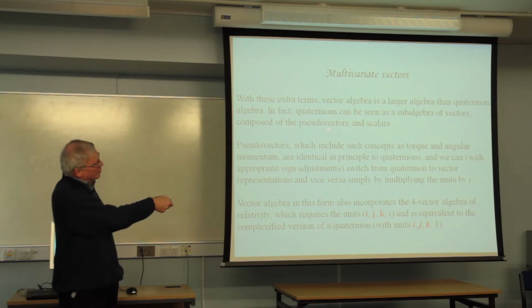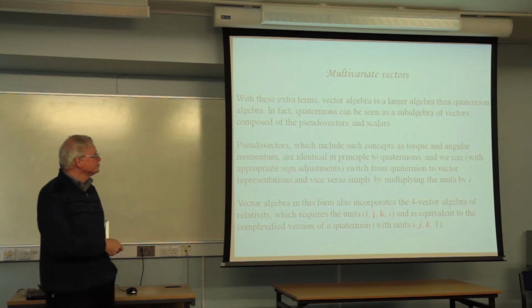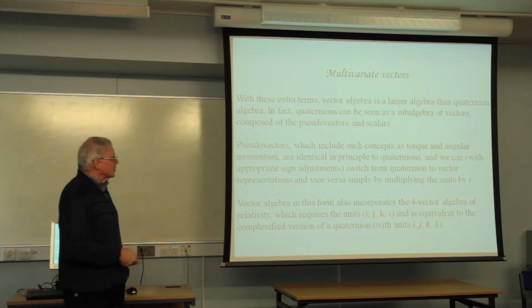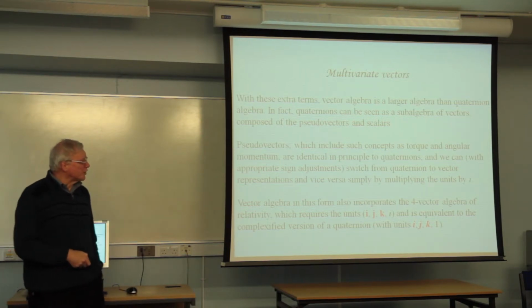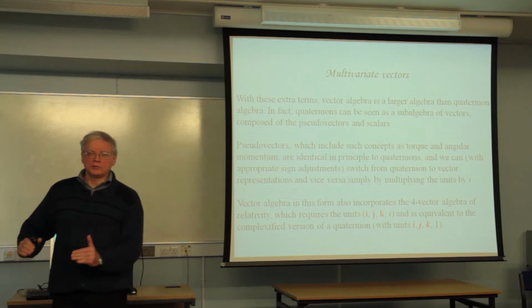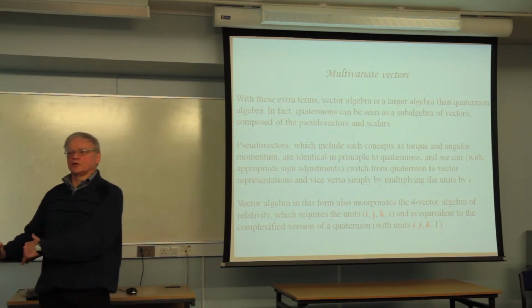And basically, quaternions are the pseudo-vectors. Typical pseudo-vector concepts, torque and angular momentum, are basically a quaternion type object. And you can always transform from these vectors to quaternions by multiplying by i. Multiply vectors by i, you get quaternions. Multiply quaternions by i, you get vectors.